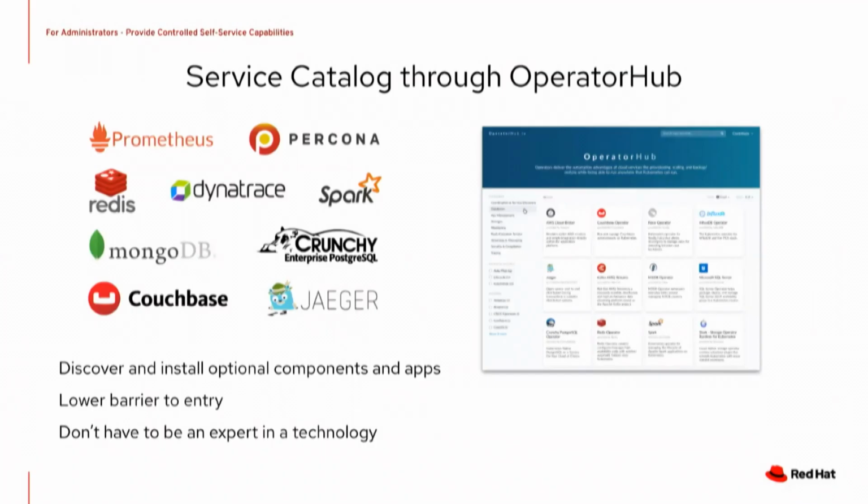We've talked about the operator hub a few times, but having administrators set those safeguards in place and allowing developers access to the operator hub means that they themselves can go and pull in those extra capabilities that they need quickly and easily. So no more long waiting times for developers to get the tool that they want, and no more queues of installation requests that a human admin would have to go and work.